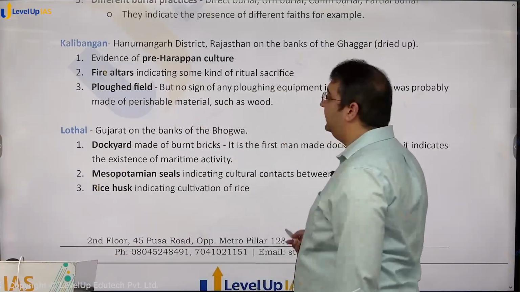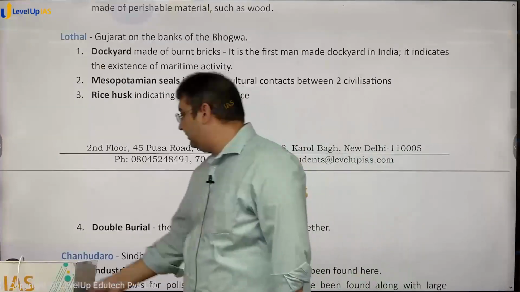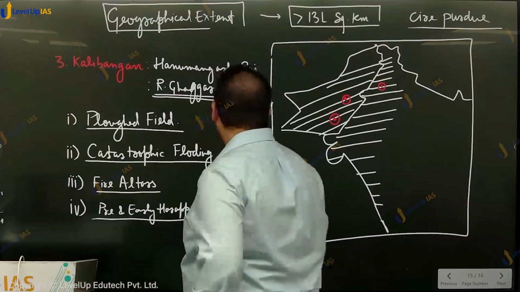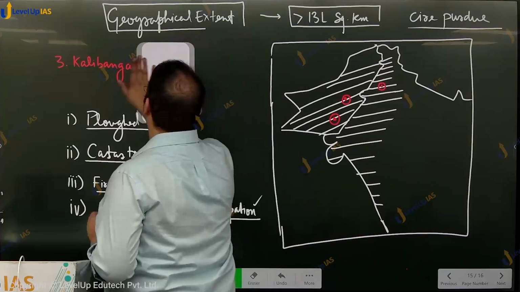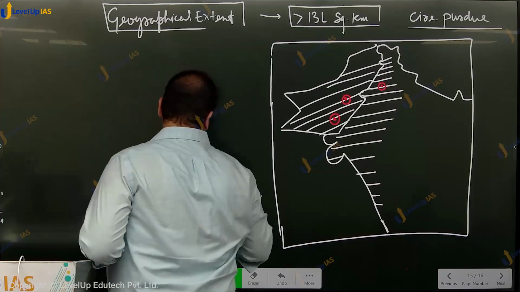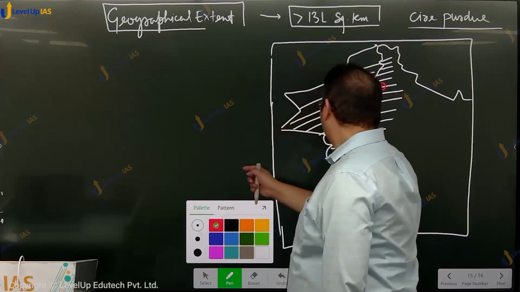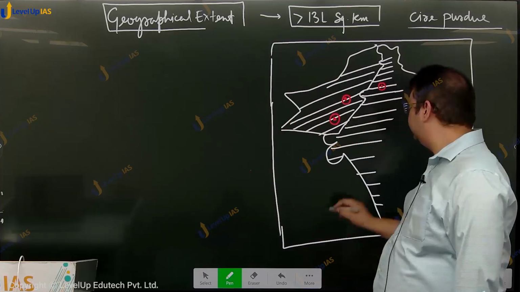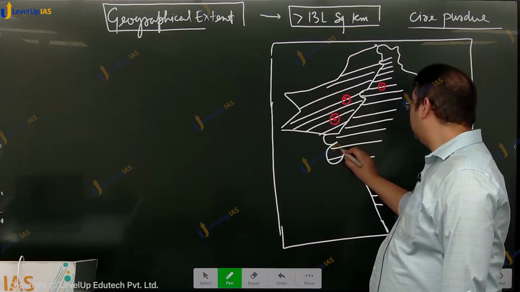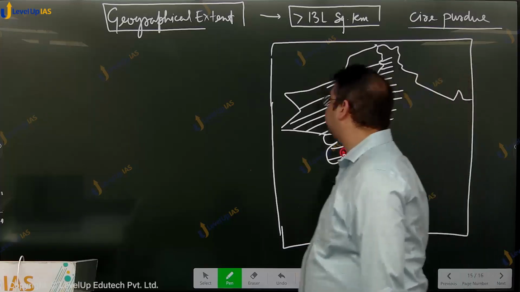Next important site, Lothal. Where is it located? यहां पर.